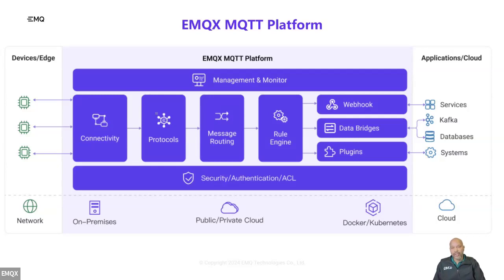Our broker is very versatile in how it can be deployed. For example, in a home monitoring system, it may be deployed on a device as simple as a Raspberry Pi because it doesn't use a lot of resources.